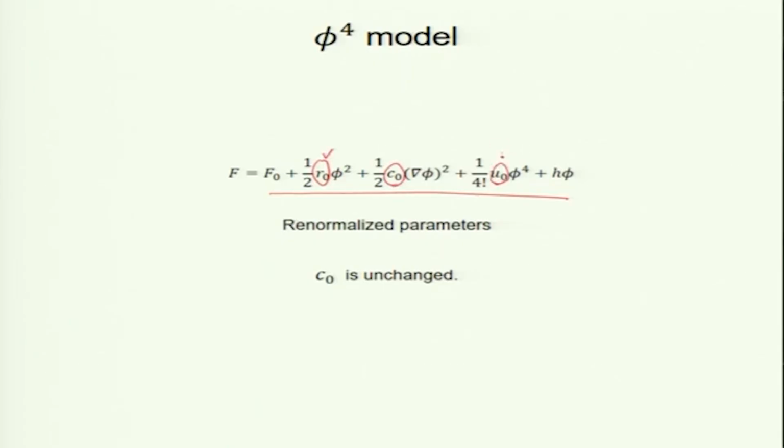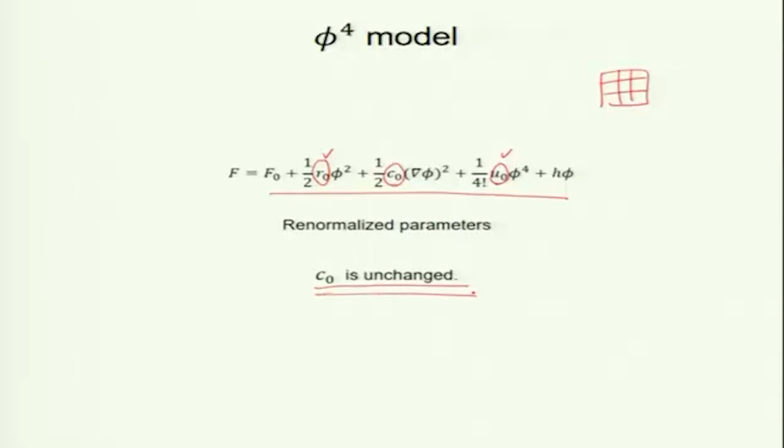I showed you how r naught and u naught changed under two operations: coarse graining, where we averaged over spins, and then rescaling so that it looks like the original spin system. In this process r naught became r prime and c naught was unchanged. Please keep in mind that c naught was unchanged.